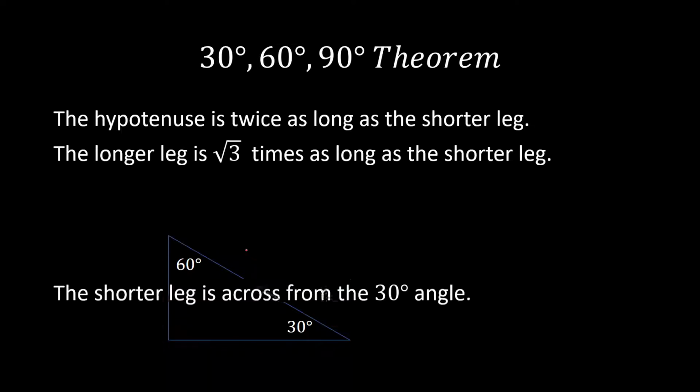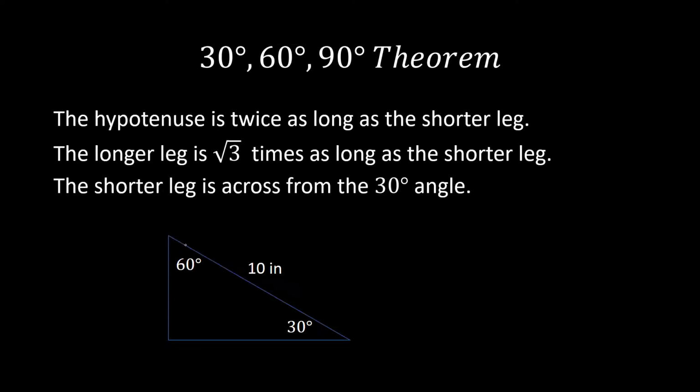So if you're given the hypotenuse, same rules apply, where we know that the side across from the 30-degree angle will be where I begin, and take that and multiply by 2 to get to the hypotenuse. So what times 2 gives me 10? That's going to be 5. So this length is 5 inches, and then the other leg would be times the square root of 3. So I take 5 times the square root of 3 to get 5 square root of 3 inches.